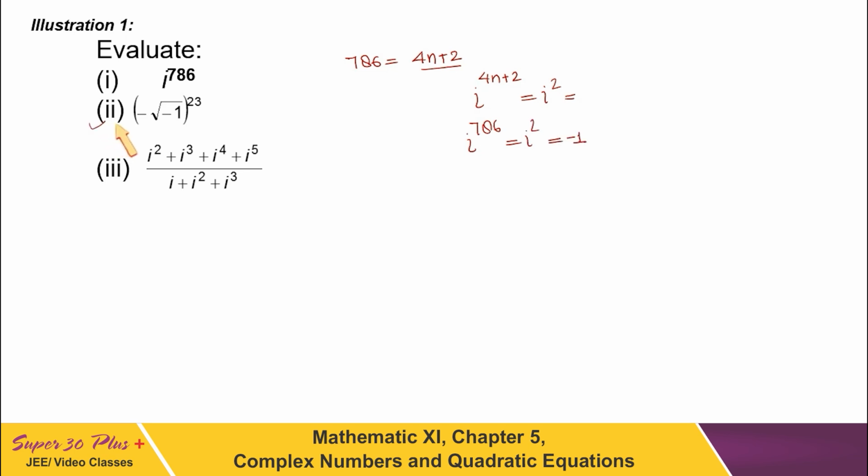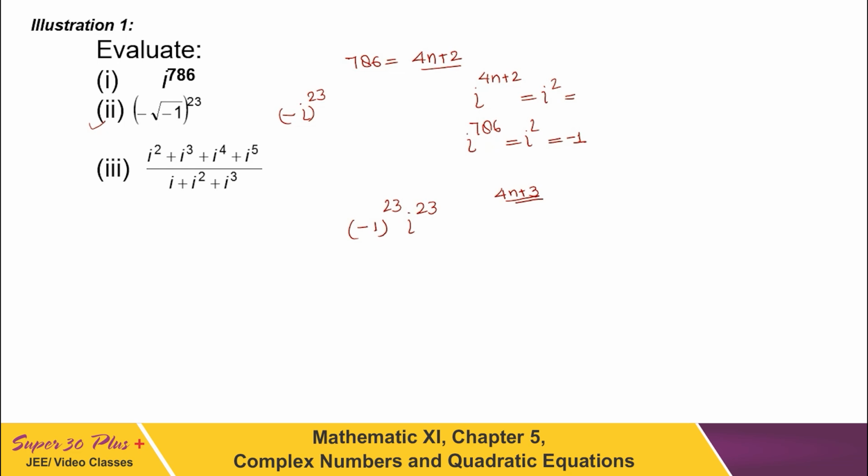Question number 2. It is written as minus iota to power 23. And as we know, it is minus 1 to power 23 into iota to power 23. And iota to power 23 is of the 4n plus 3 form.